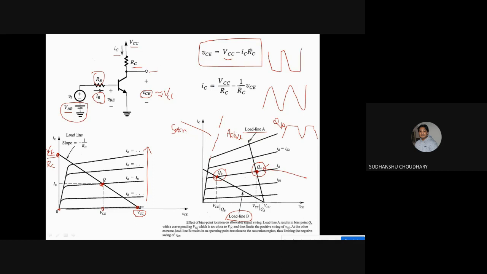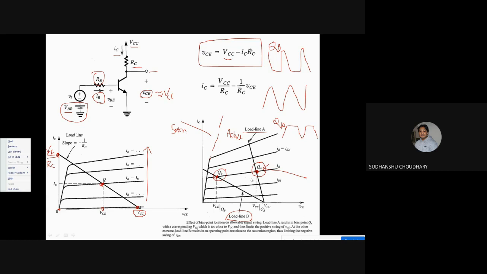That is clipping off positive. Here we have clipping of negative swing in the amplified signal for point QB, and clipping of positive half of the amplified signal, which is because this Q point is close to VDD.